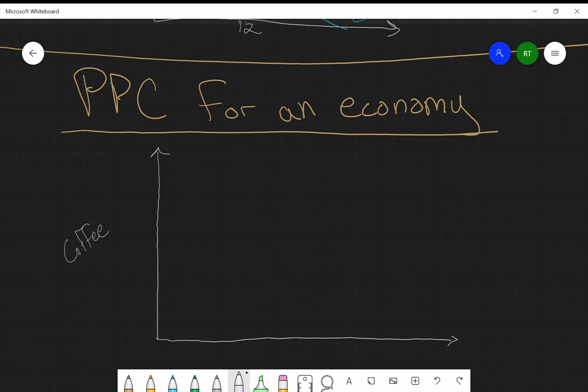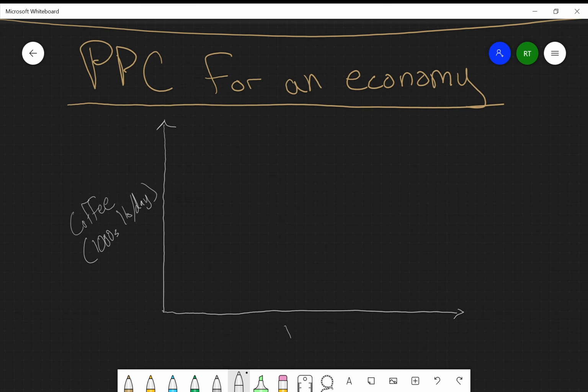But this time, because we're talking about an economy, we're going to talk about thousands of pounds per day. And then on the x-axis, we will have nuts. And again, this is going to be in thousands of pounds per day. It's always good to keep the units of the axes the same if you can, right? You can't always, but if you can, it's a good idea.